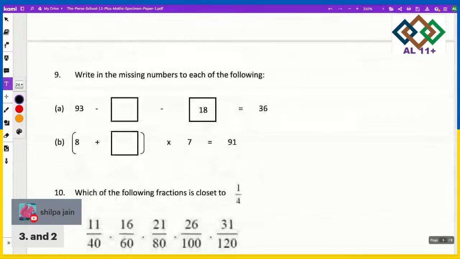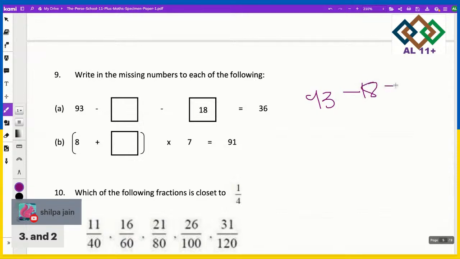Number 9 now, they are telling you to write down the missing number. So they are saying 93 minus something minus 18 equals 36. The way of finding this one is you could just minus 93 minus 18 and minus 36.